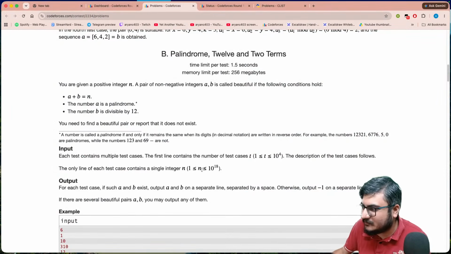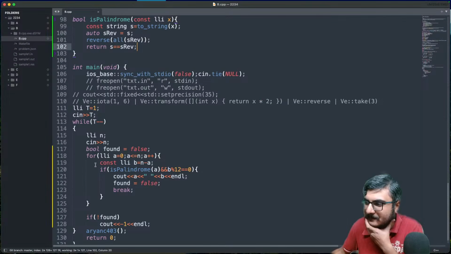On a high level, it looks like n is up to 10 to the power 18 and everything. So this should get a TLE, right?